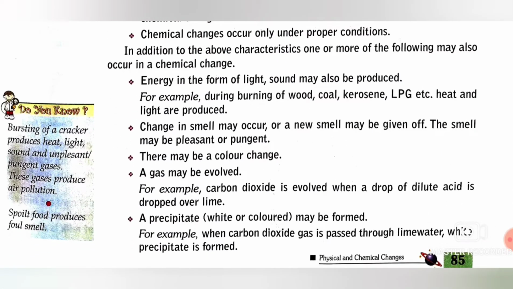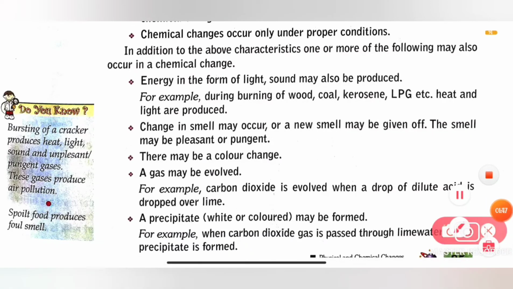In addition, we can also add that energy in the form of light and sound may also be produced. Obviously the energy that is produced can be in various forms. It may be in the form of light, sound or heat.